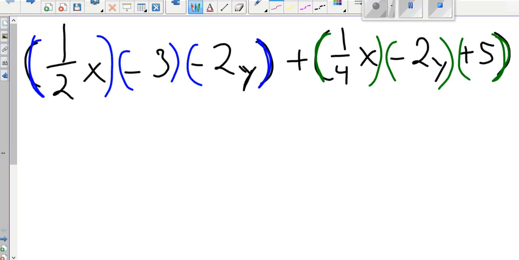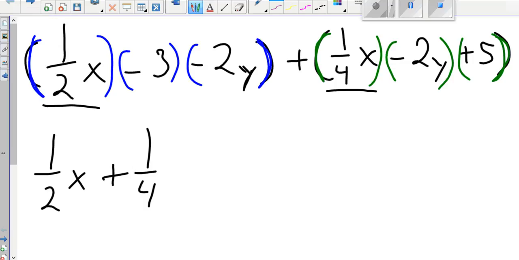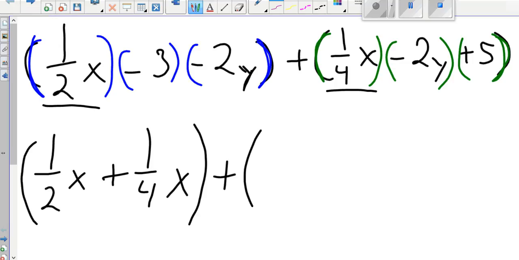So we're going to rewrite this as, this one has an x, this one has an x. They're the same. So we're doing 1/2 x plus 1/4 x. And the next thing we're doing, and we can actually put this in parentheses just to keep everything separate, we're going to add new parentheses. The next expression is going to be -3, and that's going to go with the +5 over here.